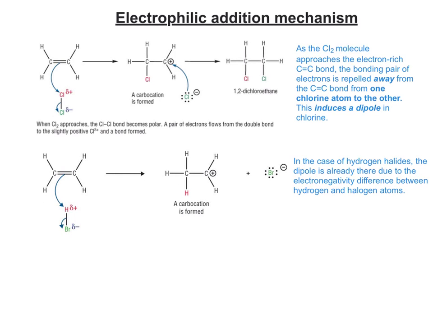So you'll notice that the mechanism at the bottom is not complete yet. I'm going to bring in a picture that completes it for us. I just wanted to say a word about the idea about the chlorine becoming polar.